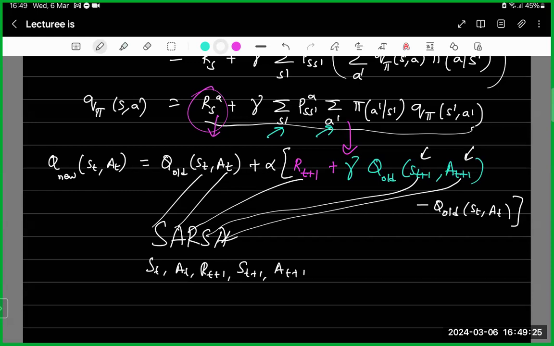So you are estimating your Q function. After every action with the environment, you can update your Q function, at least for that pair S comma A. So after that, based on that new Q, you improve epsilon greedily, and then take the next action according to your new pi.